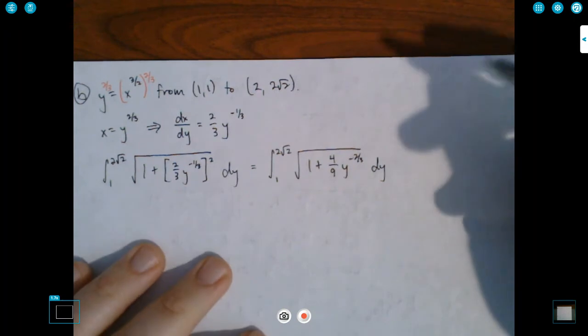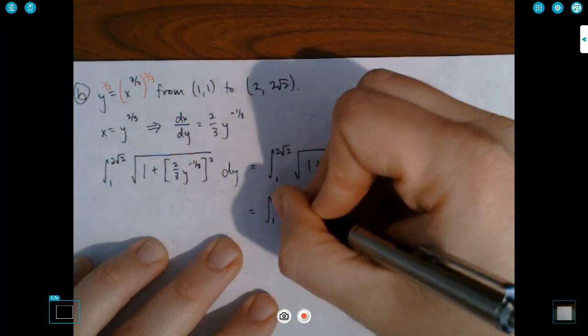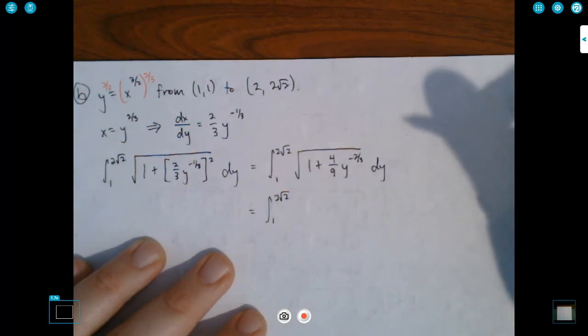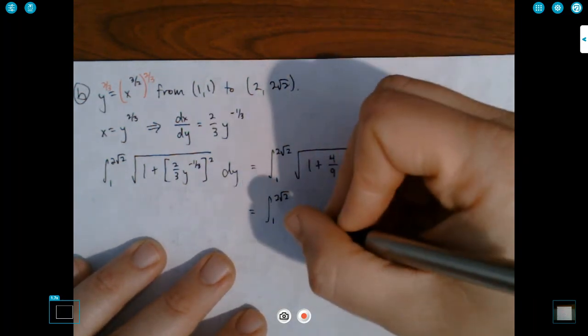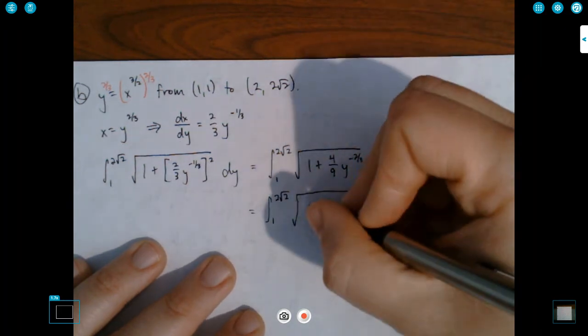Maybe I can play with this algebraically a little bit. As you can see, these things are not, generally speaking, easy to integrate. But that's all right.